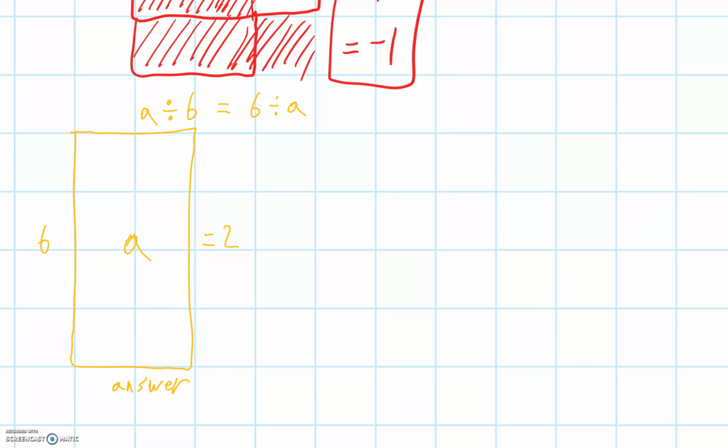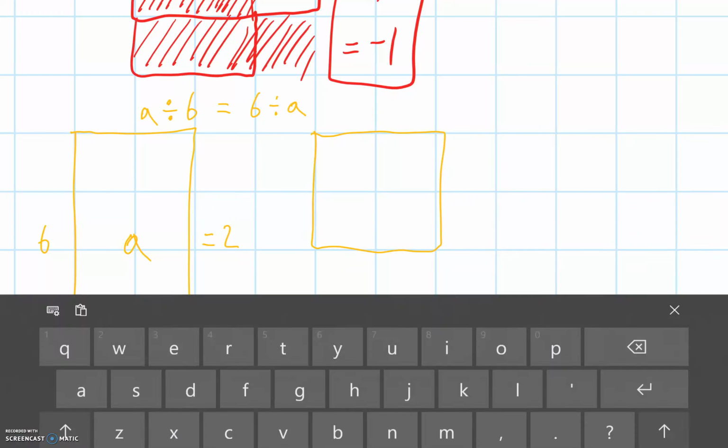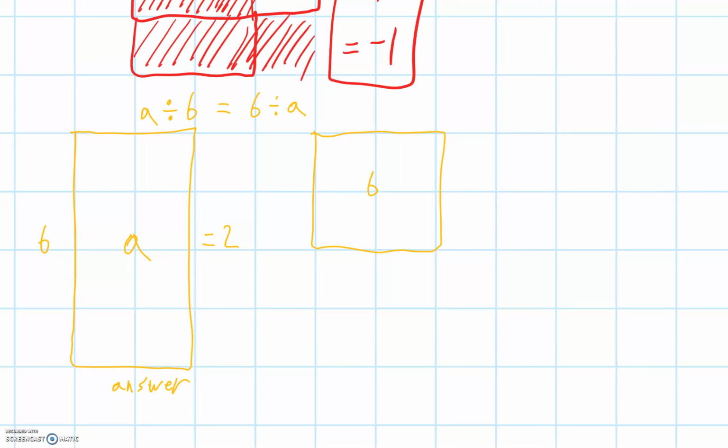But if we tried to do it the other way around, and we had 4 squares, and we try to divide that by 8, so this is B, first of all, it's hard to do, but let's try to do that. So 1, 2, 3, 4, 5, 6, 7, 8.